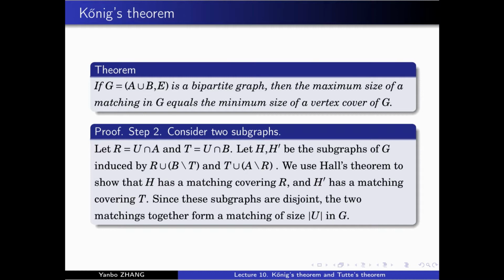Let R equals U intersection A and T equals U intersection B. Let H and H prime be subgraphs of G. H is induced by R union B minus T, and H prime is induced by T union A minus R. We will use Hall's theorem to show that H has a matching covering R and H prime has a matching covering T. Since these subgraphs are disjoint, the two matchings together form a matching of size U in G. So we consider why these two graphs satisfy Hall's condition.